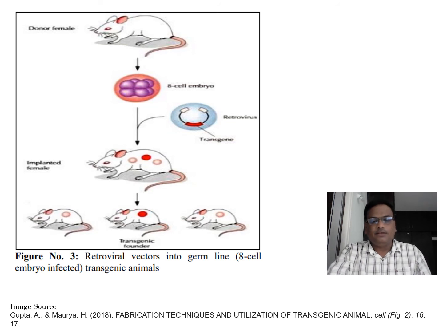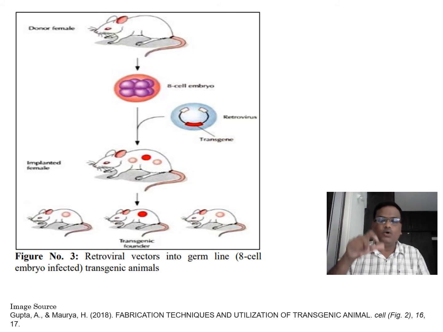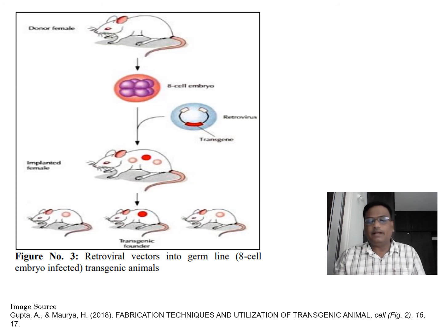The third technique is the use of a retroviral vector. First, using recombinant DNA technology, they will insert the foreign gene into a retrovirus. They will make this virus non-virulent, and it is going to infect the embryonic cells.